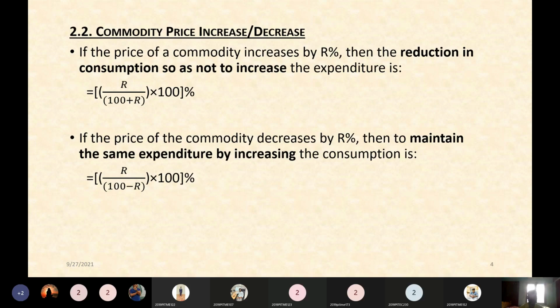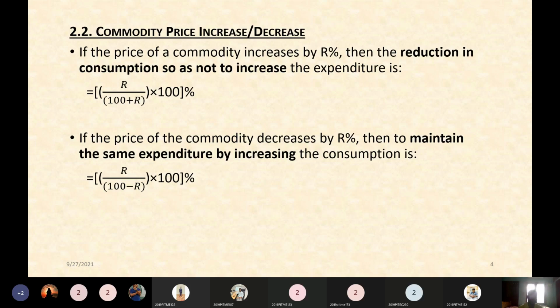Also, if you want to calculate the percentage of increase, or if something is reduced, you can use a formula. Take consumption, or a commodity that increases. R is the percentage increase of the particular item.